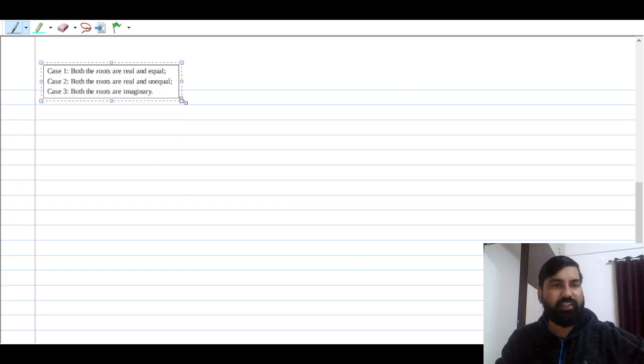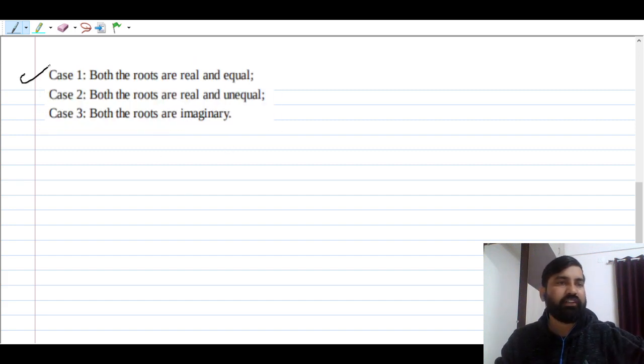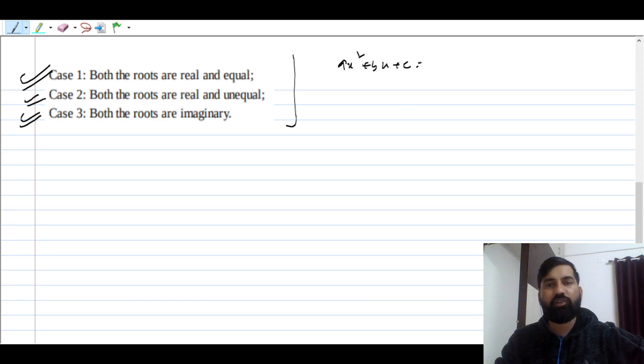Depending upon the nature of the roots, there can be three cases you have to keep in mind. Case one: both roots are real and equal. Case two: both roots are real and unequal. Case three: both roots are imaginary. Remember this for the quadratic equation ax² + bx + c = 0.